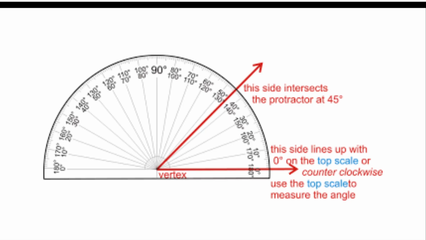And then you need to be careful that you are using the correct top or bottom numbers depending on where you're starting. So here, since we're starting on the right side of our protractor, we will use the top row of numbers going from 0, 10, 20, 30, 40. And this is exactly 45 degrees. So we use the top scale.